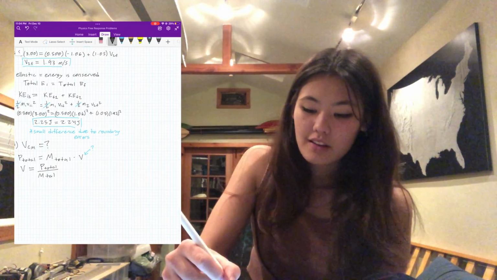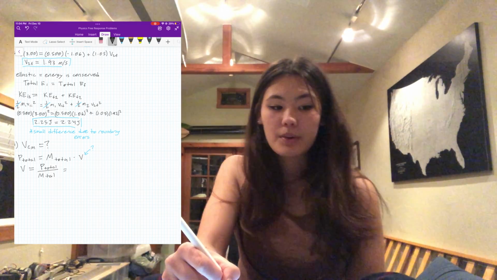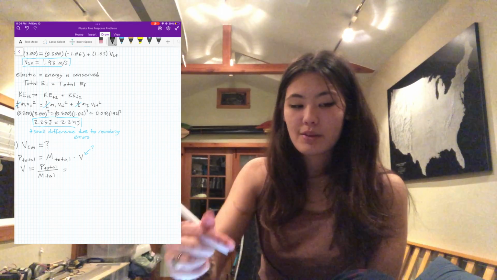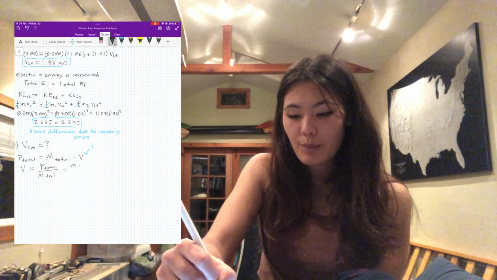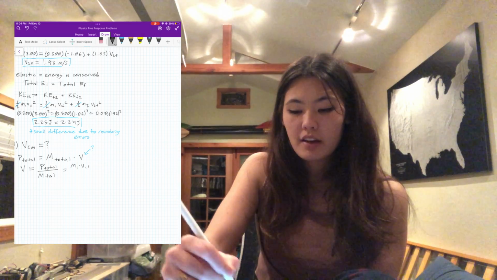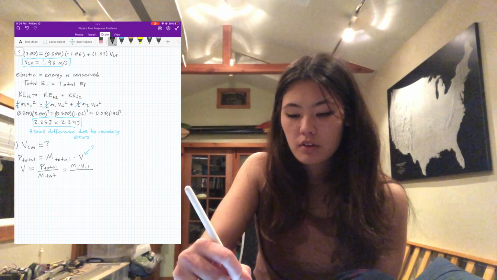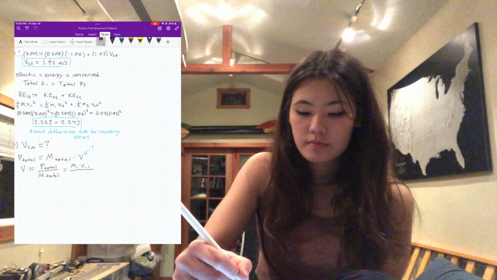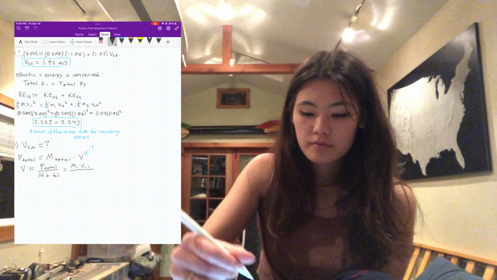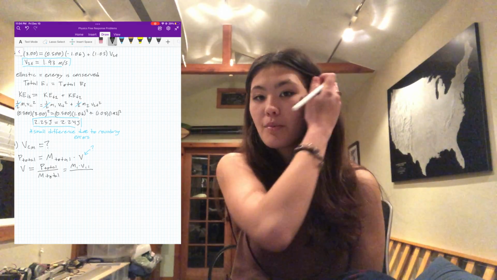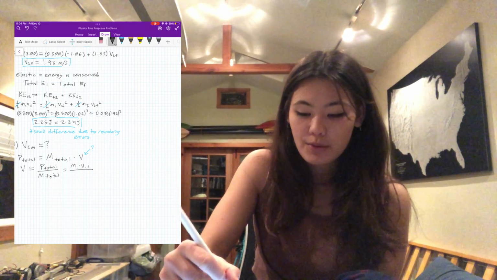So we can say that p total is equal to either the initial or the final momentum, and in this case the initial would be easier since it is simply the momentum of cart 1, so we can just say m1 times v1 initial, and then the total mass of the system is simply m1 plus m2.